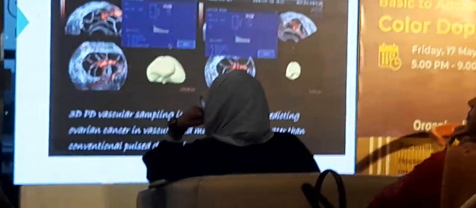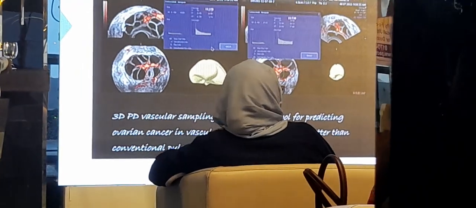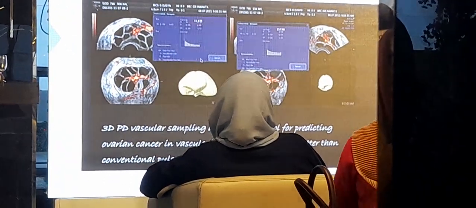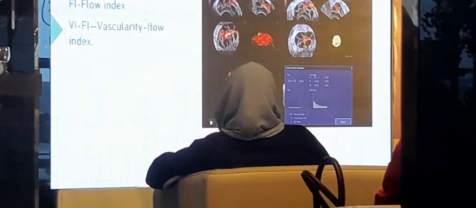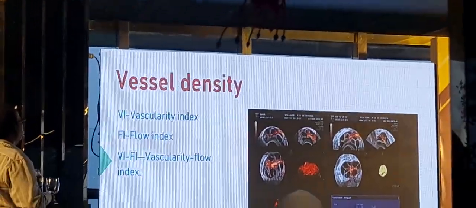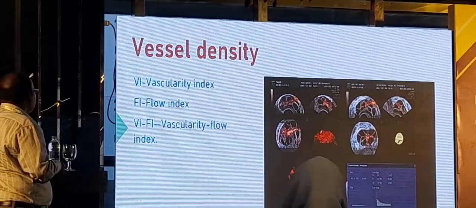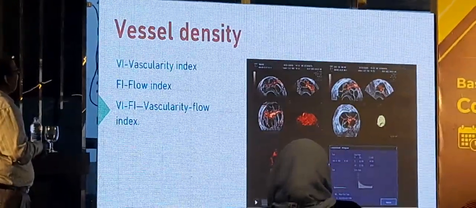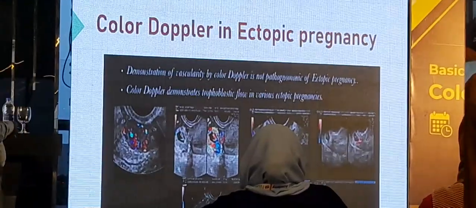According to color flow, we can categorize the angiographic sampling. 3D power Doppler vascular sampling is a promising tool for predicting cancer, that is mass. Now, vessel density: VI vascularity index, FI flow index, VFI vascularization flow index. If we put this index, we can easily diagnose the condition of the patient.